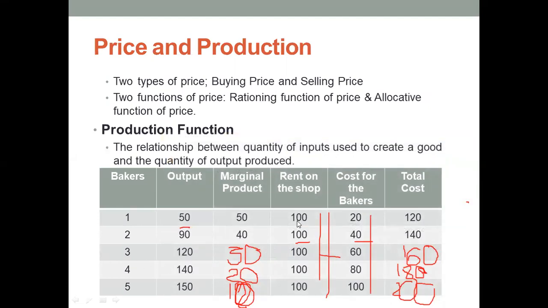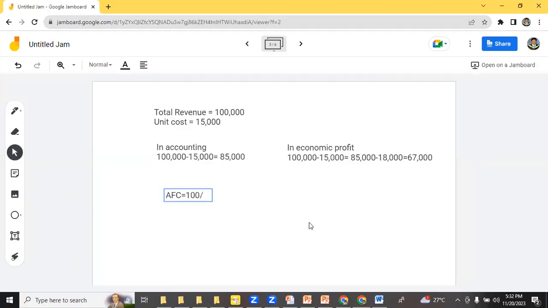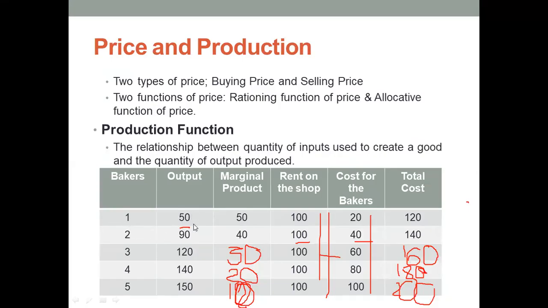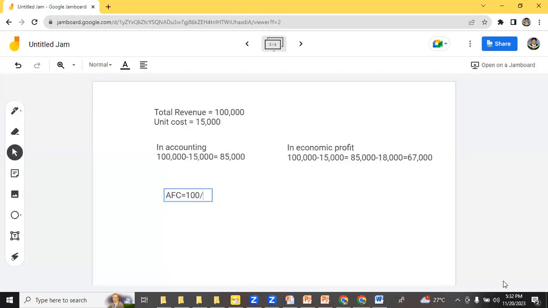So sa fixed cost natin is 100, di ba? So 100 total fixed cost mo divided by pila ang output. So sa isang isa pa lang baker we have 50. So 100 divided by 50, so that would give you, all right, that would give you 2 pesos.